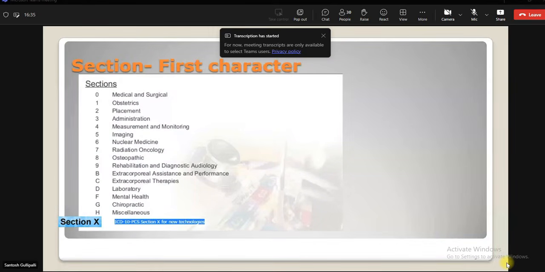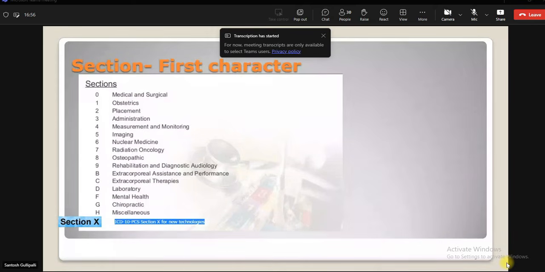B is extracorporeal assistance and performance, C is extracorporeal therapies, D is laboratory, F is mental health, G is chiropractic, H is miscellaneous, and X is new technology.